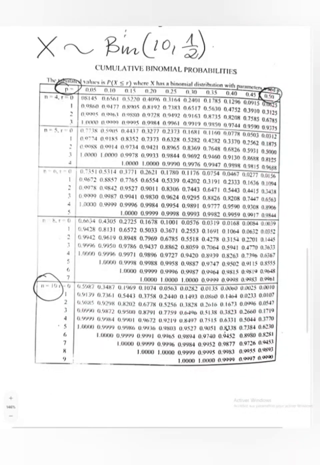Finally, if I had to calculate P of 3 less than or equal to x less than or equal to 6, that will be equal to P of x less than or equal to 6 minus P of x less than or equal to the next lower integer of 3, which is 2.